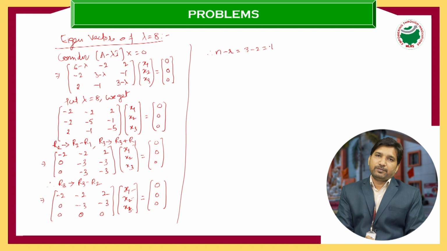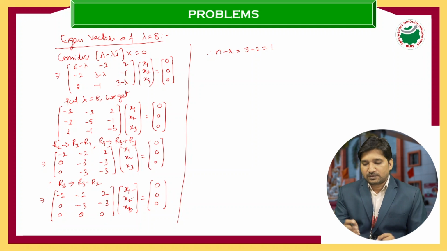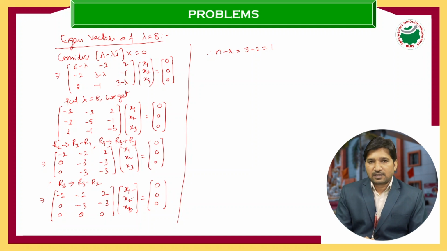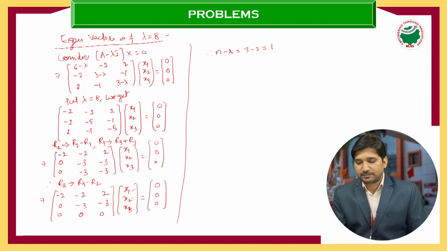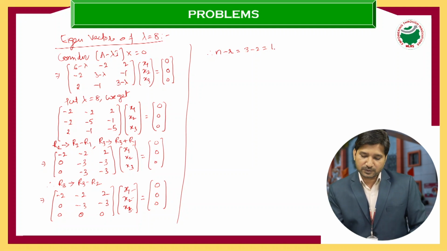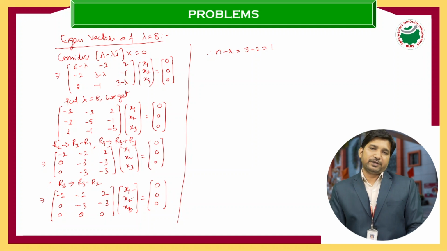One independent variable is there. Already we know that the rank of the given matrix is definitely the number of rows minus 1, since the characteristic equation is 0, that is, it is a singular matrix. So that is one independent variable.